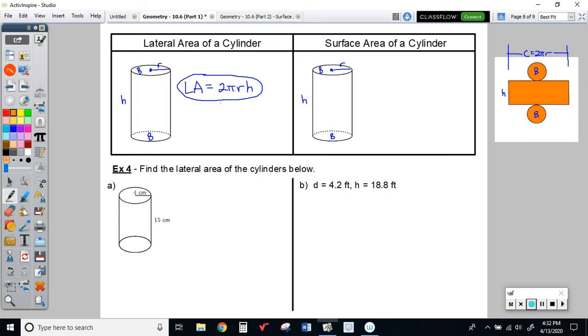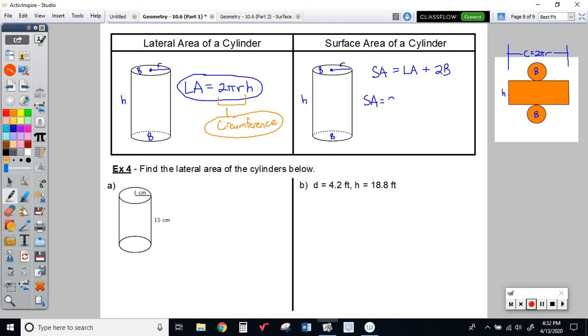This right here, this 2 pi r part is circumference, which is just a fancy name for the perimeter of any circle. Circumference is just that. And then for surface area, you're going to be looking at lateral area once again, so the area of this rectangle plus the 2 bases. So this works, but then you can replace that with more specific information.